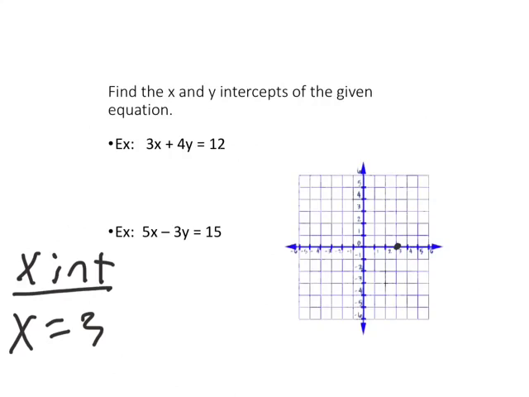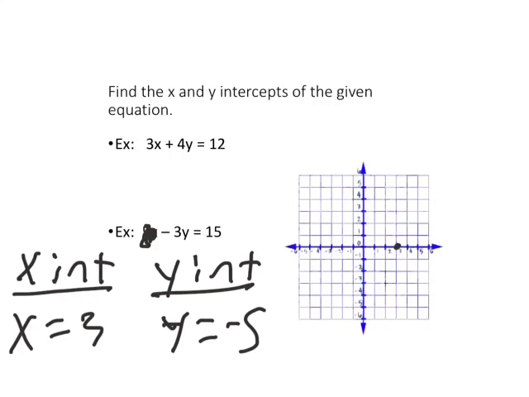So if we go ahead and cover up x here and solve, the y-intercept would be, guess what? Negative 5. So y equals negative 5. So my y-intercept is negative 5. And then I can go ahead and draw my line. And I have my graph. That is the third method of graphing, which is the intercept method, or you may hear some call it the cover-up method.